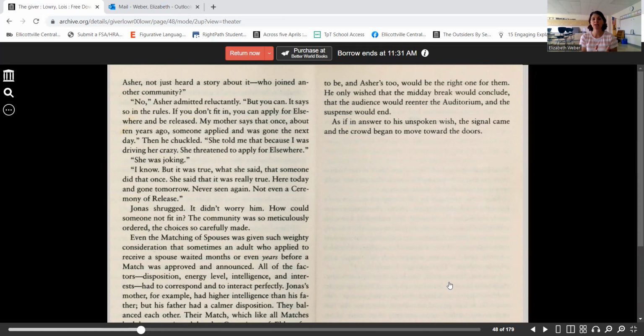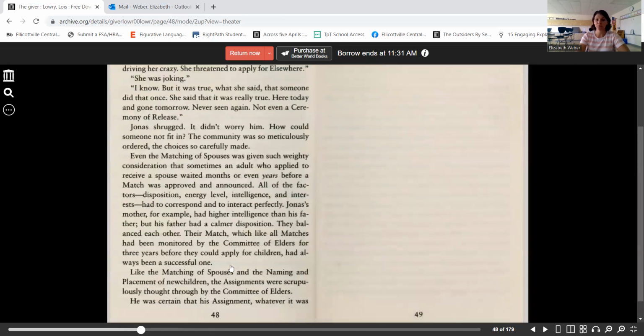All of the factors, disposition, energy level, intelligence, and interests had to correspond and interact perfectly. Jonas's mother, for example, had higher intelligence than his father, but his father had a calmer disposition. They balanced each other. Their match, which like all matches had been monitored by the committee of elders for 3 years before they could apply for children, had always been a successful one.